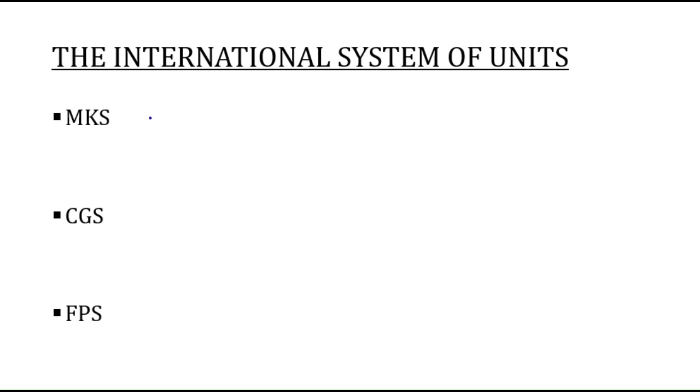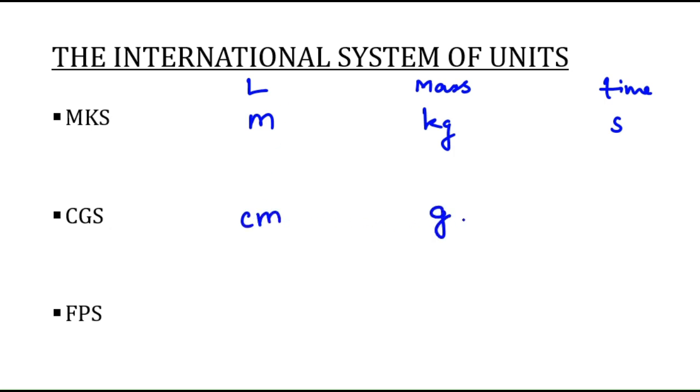One is MKS, and in MKS system, length is measured in terms of meter, and mass is measured in terms of kilogram, and time is measured in terms of second. In CGS system, another system of unit, length is measured in terms of centimeter and mass in terms of gram, and time in second.